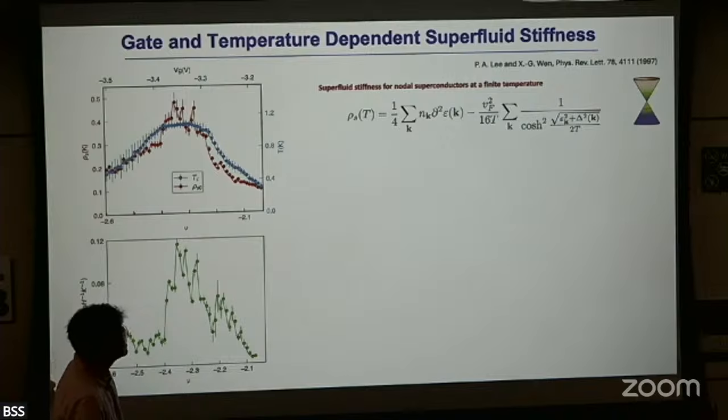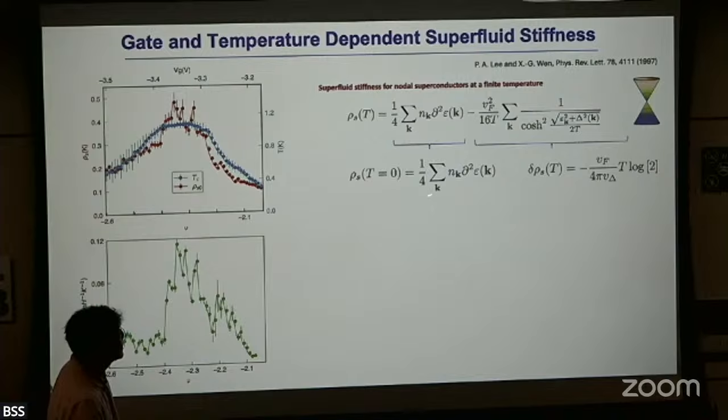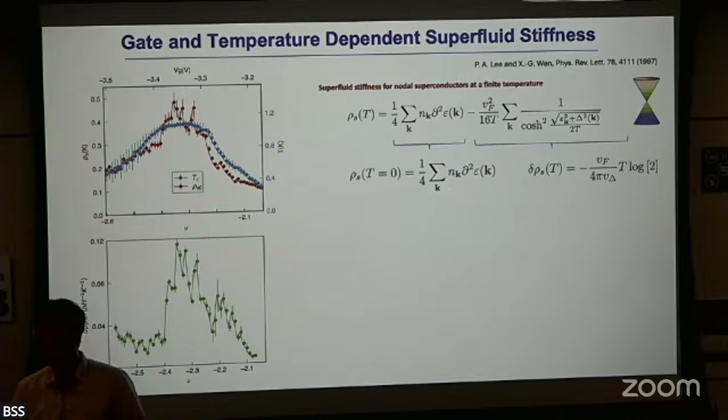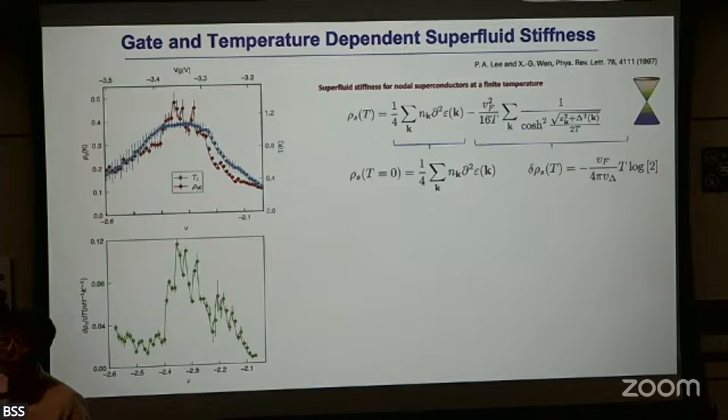The argument here is that in the zero temperature limit, if I know the dispersion of the original band, the band mass, times the carrier density, basically I'm extending the n over m ratio, which is the essential part of the superfluid stiffness.